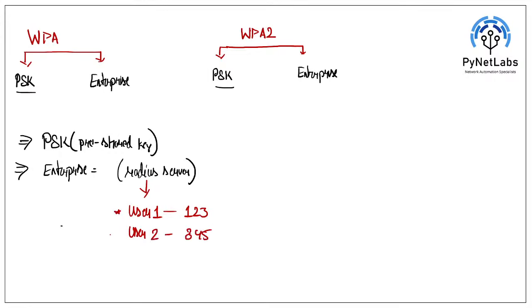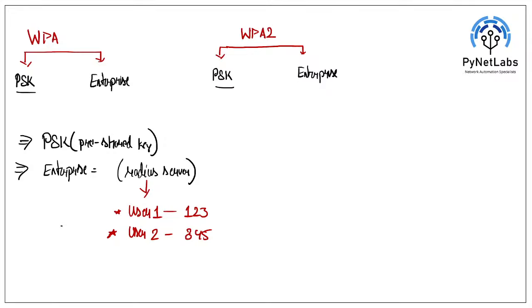That RADIUS server is connected to your wireless network, and all the authenticated users who are authorized to get access to the wireless network are the only ones allowed access; no one else is allowed. Now we will see how we are going to secure these wireless networks in Packet Tracer.